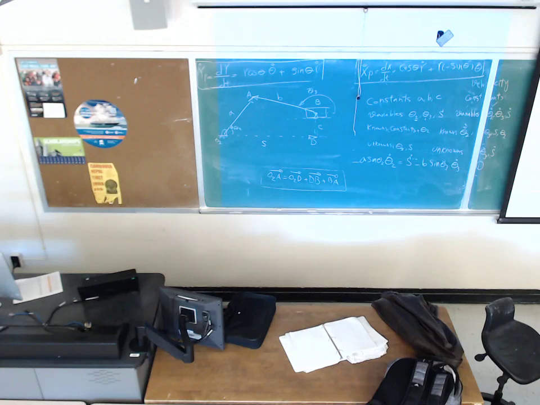The derivative of sine is cosine, so it's going to be cosine of theta 2, theta dot 2, equals C. C is not varying with time because it's the offset, and the offset is constant, so it's 0, plus the derivative of this term with respect to time, same as this one, except we are going to have cosine instead of sine. So I'm going to get B cosine of theta 3, theta dot 3.